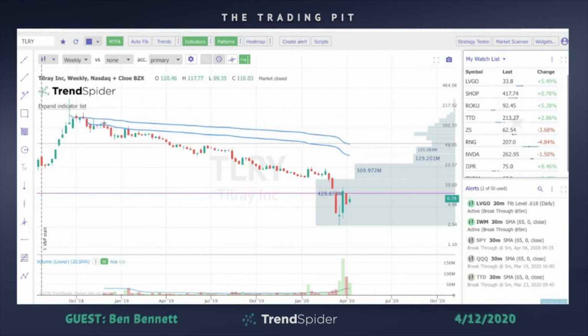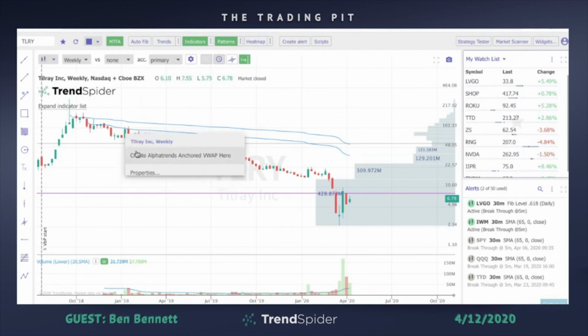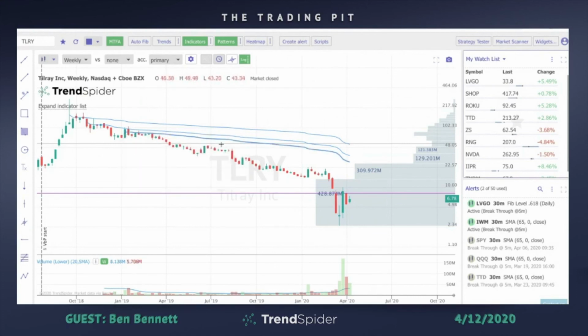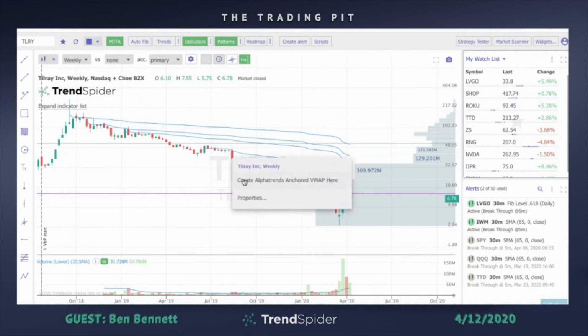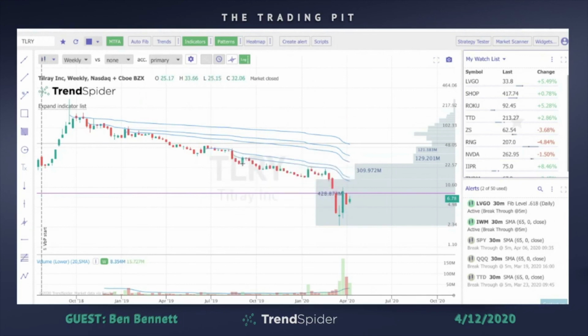You throw on where the next one tags, and you throw where maybe there was earnings or there was some news. They do end up looking like ribbons, and they tend to act as resistance. So you can see how many times it tags these areas on the way down. And you end up having these layers of resistance.